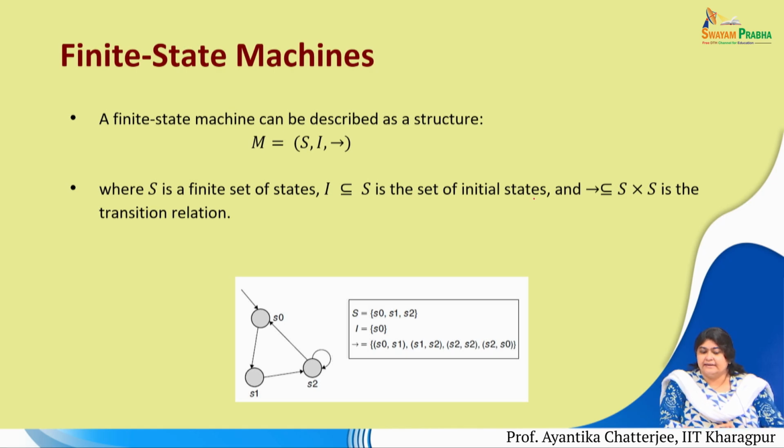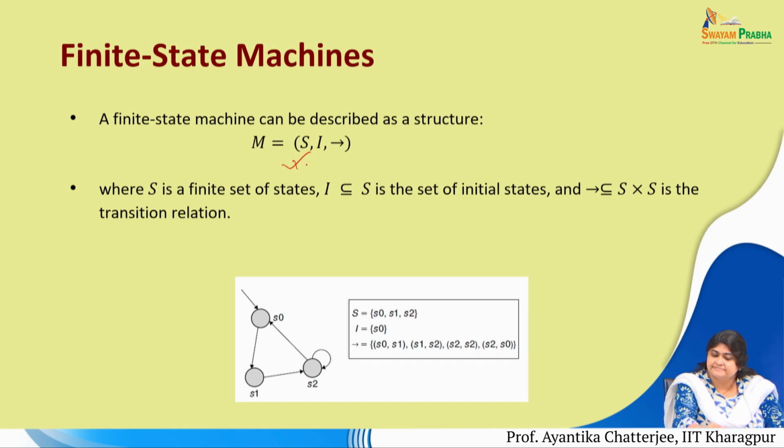So, just to recap, we have already discussed the structure of the finite state machine, though we have discussed the 5 tuple general representation of a finite state machine. Mostly we have 3 important members when we are defining the finite state machine.